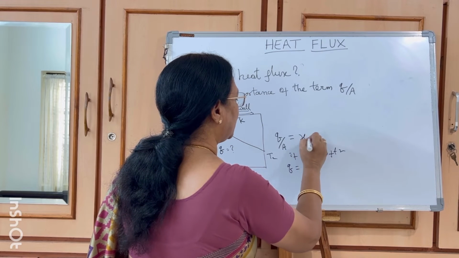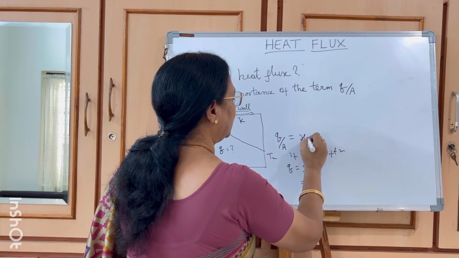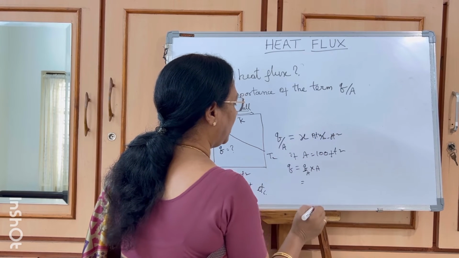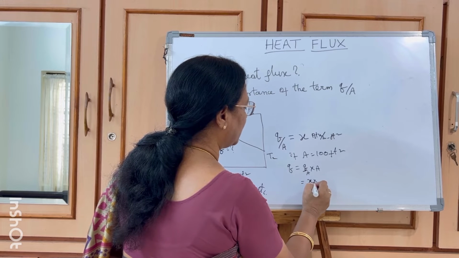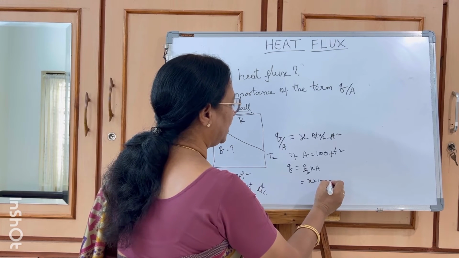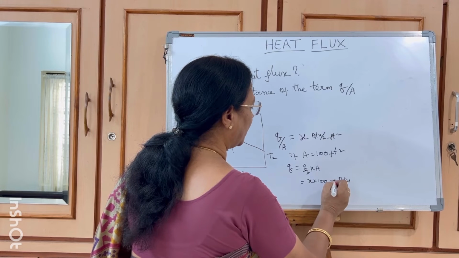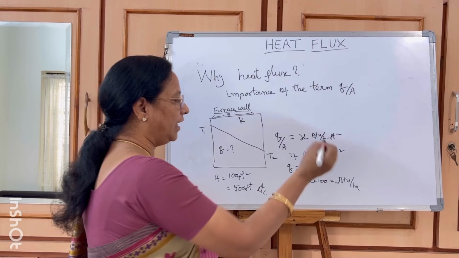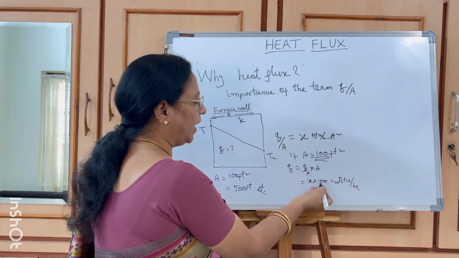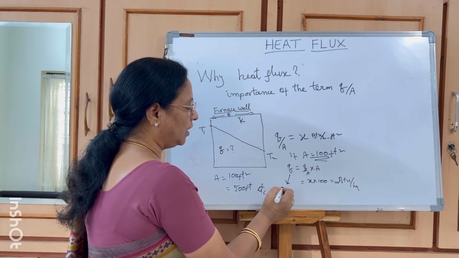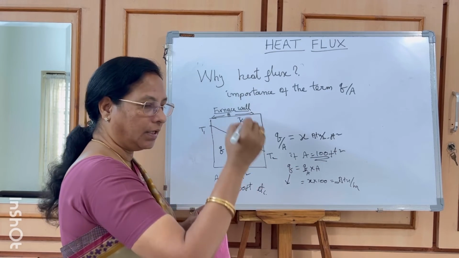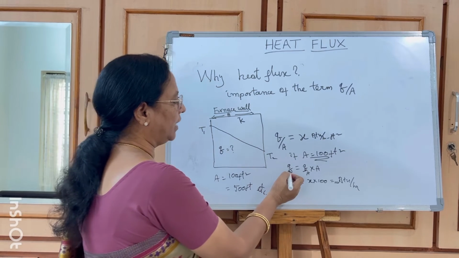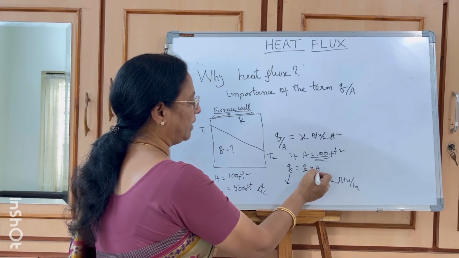If Q by A is X BTU per hour per feet square, then it is X into 100, and you will have BTU per hour. Like that, for any area you can calculate the total amount of heat transferred per unit time by multiplying with the area.